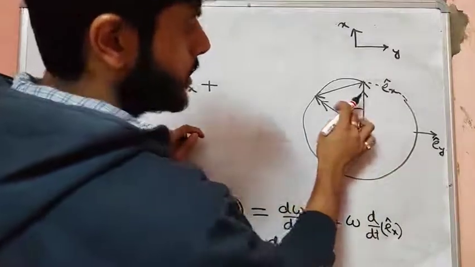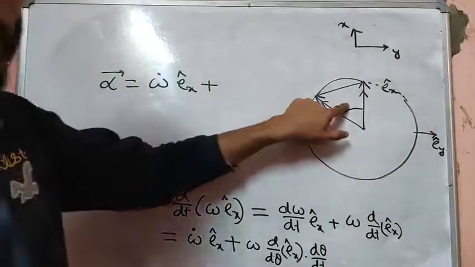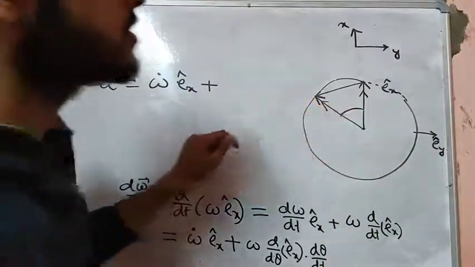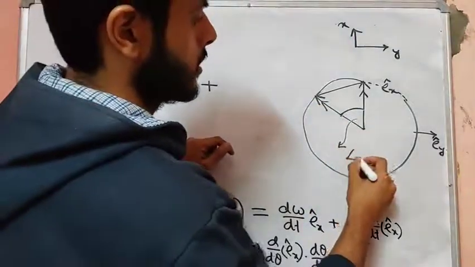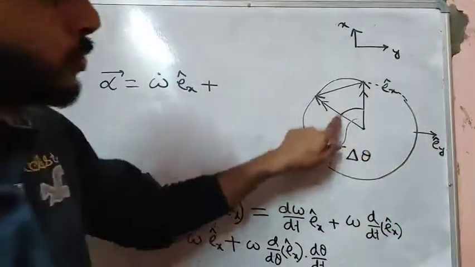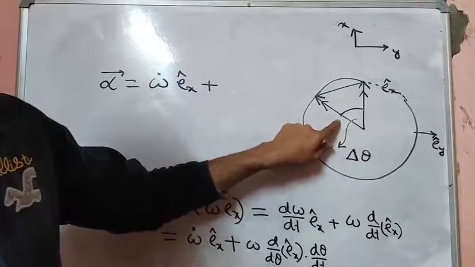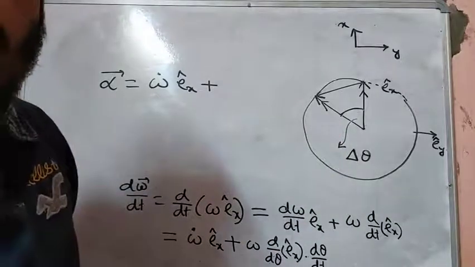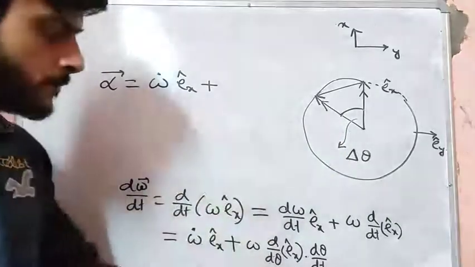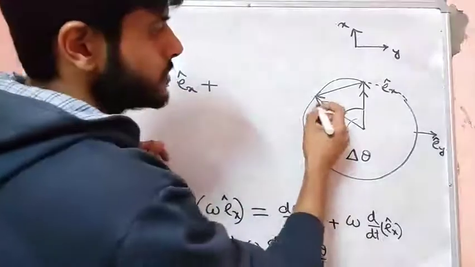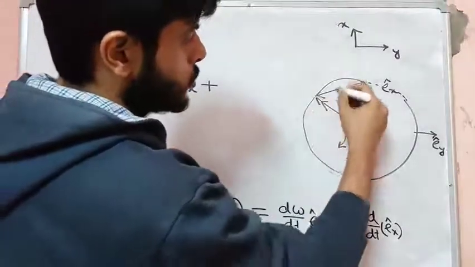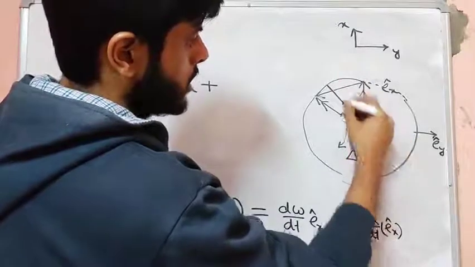If we keep this angle very small, this delta theta, the more we keep this angle very small, then delta theta by delta t will tend to d theta by dt. So we see that if this angle is smaller, the change is smaller here.